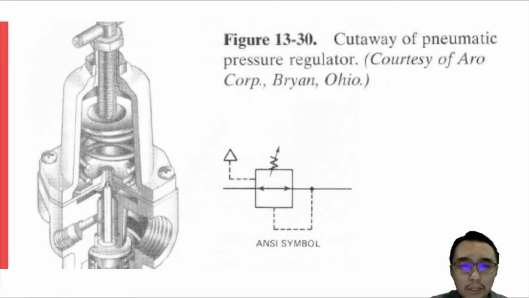This T-handle will exert a compressive force on the spring. The spring will then transmit a force to the diaphragm, which regulates the opening and closing of the control valve. This regulates the airflow rate to establish the desired downstream pressure. So this is the ANSI symbol for the pneumatic pressure regulators.